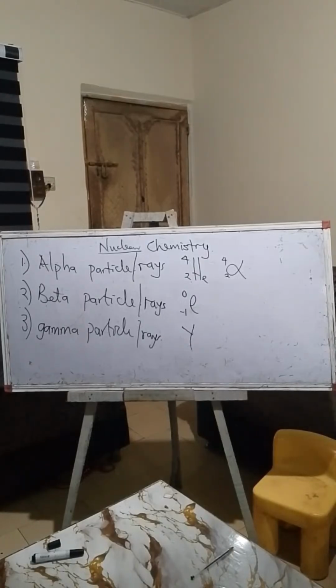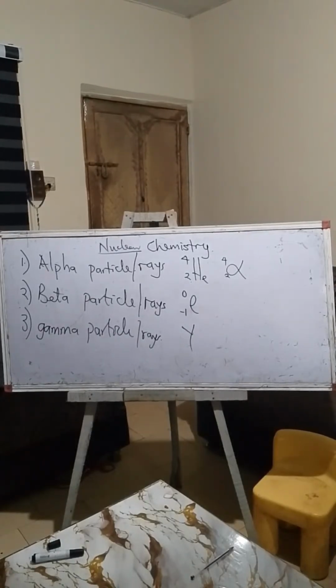So if you are having an element with a different mass number, then you will know that the number of neutrons will change. If, for example, we have carbon 12, carbon 13, carbon 14. Carbon 12 means the carbon has a mass number of 12.